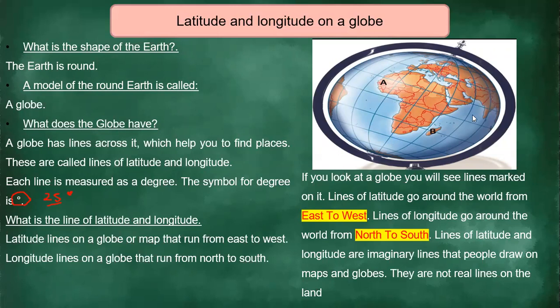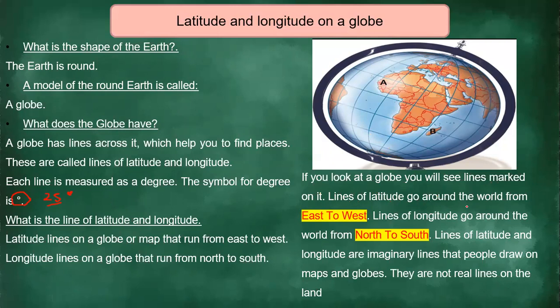These lines help us to find a place. We call these lines longitude and latitude. If you look at the globe, you will see lines marked on it. These are the lines that we are talking about.